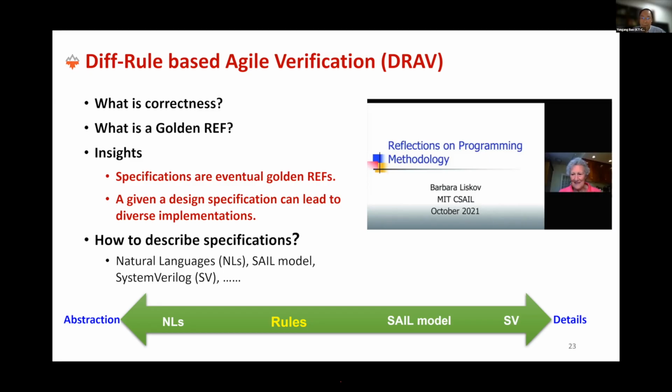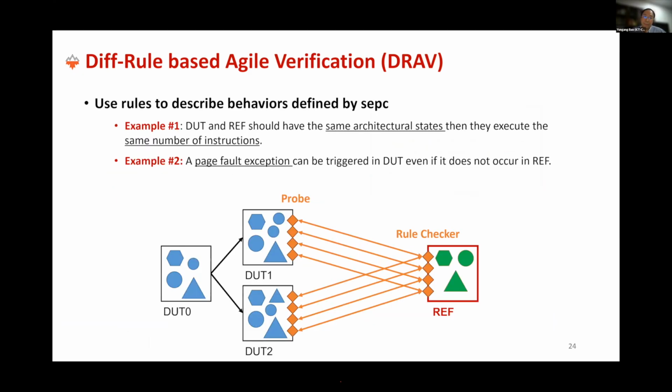And our approach is using rules. For example, we can use two rules. Here, for time limitation, I will not give more details. Just use rules, and then we can use rules to abstract different behaviors or different implementations and designs of the CPU design.